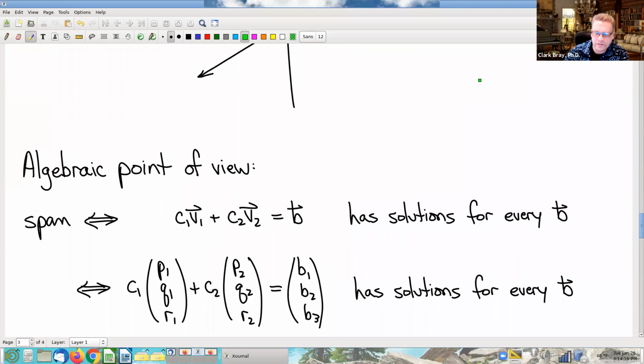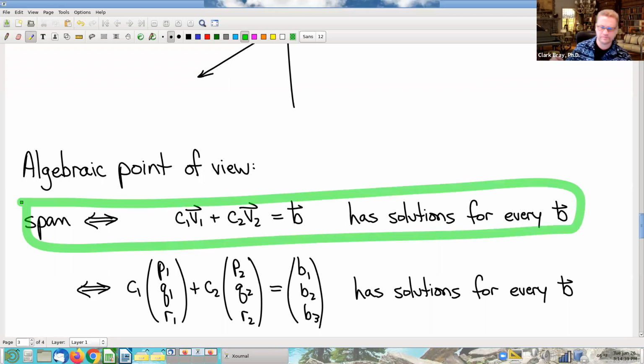And now what you're going to notice is that even though the questions are different, right? So here we're talking about span instead of independence, geometrically different ideas. We're going to find that the arguments smack similarly, not the same, but they break down in analogous ways.